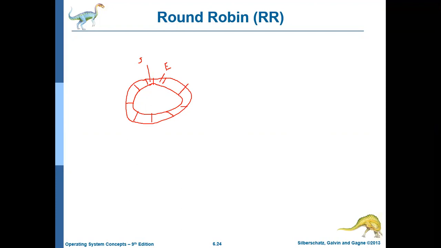The scheduler will pick up the job which is at the starting end of the queue, and that job will be assigned to the CPU, and the CPU will execute this job for some quantum of time.